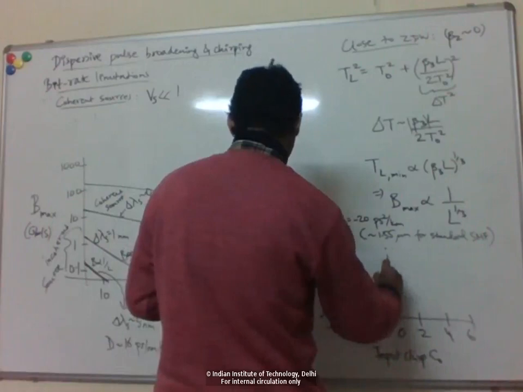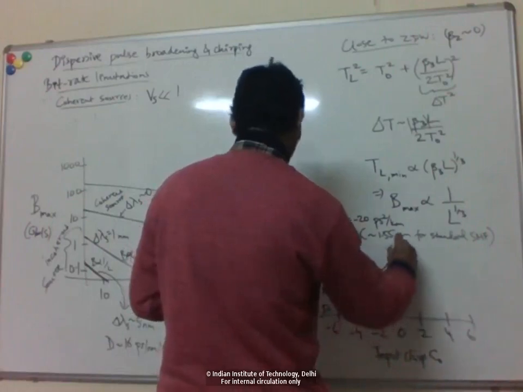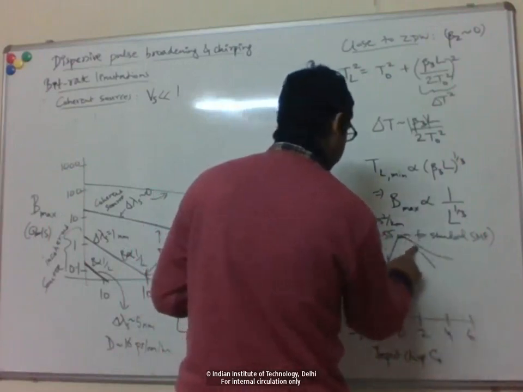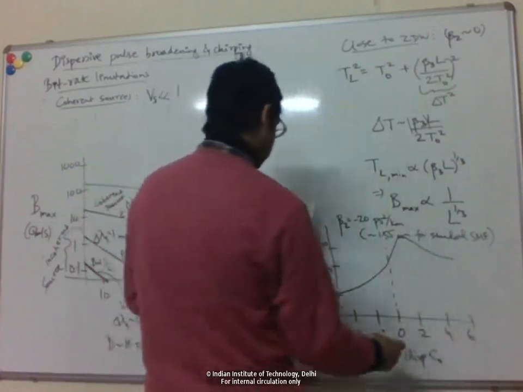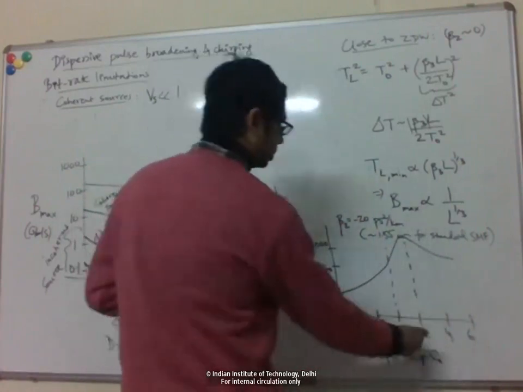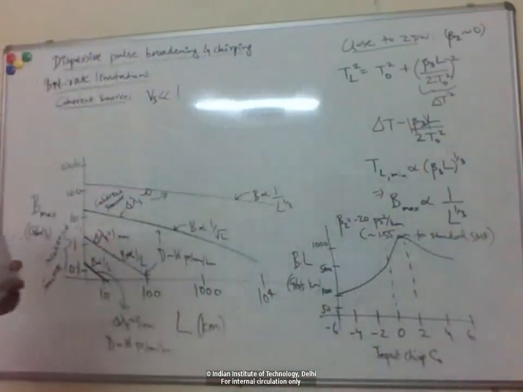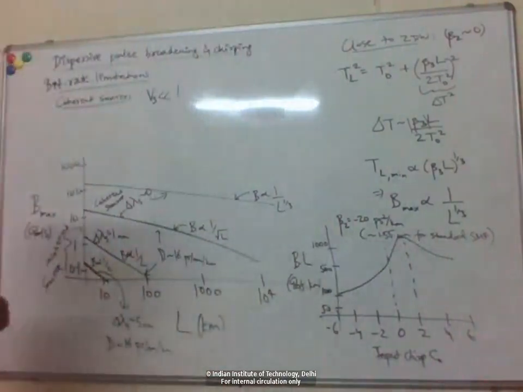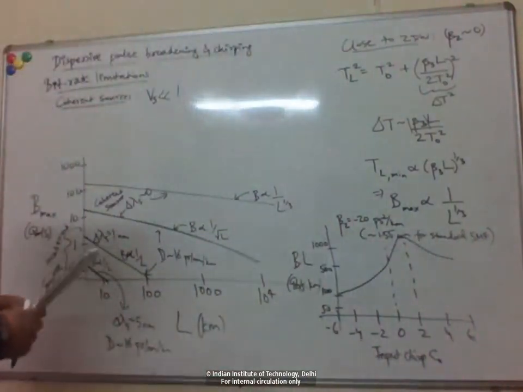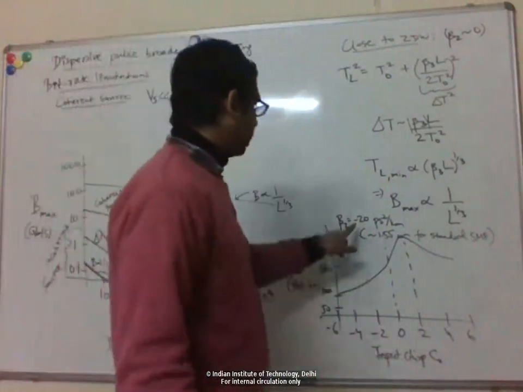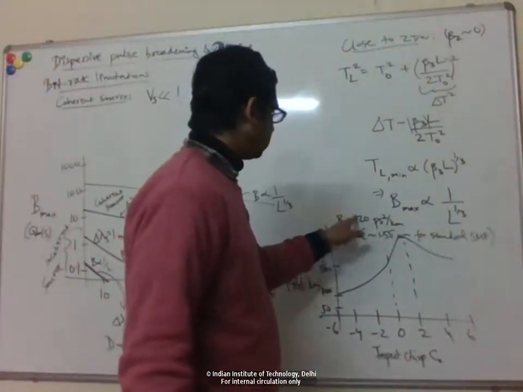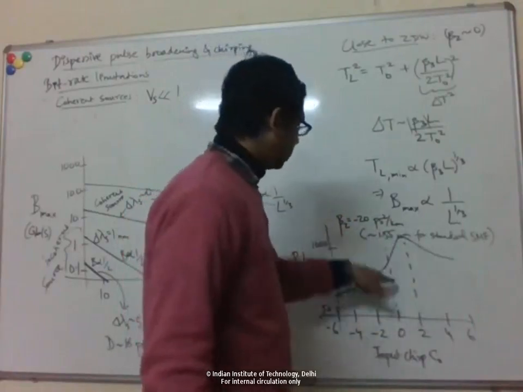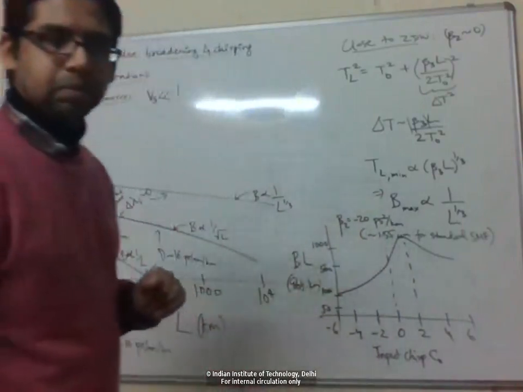This peaks somewhere like here, for C0 equal to plus 2. So it's better than C0 equal to 0. If you have a fiber with opposite dispersion, then this curve will flip about 0. Then C0 of minus 2 will probably be optimum.